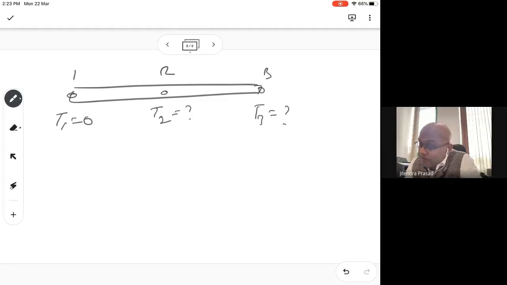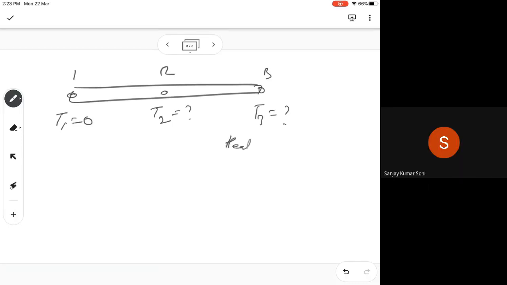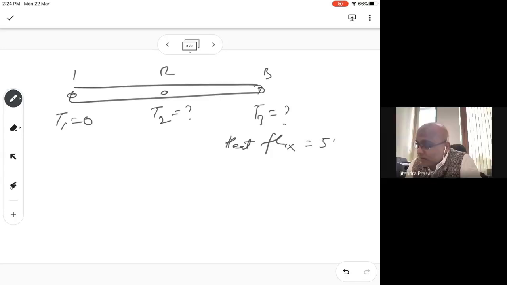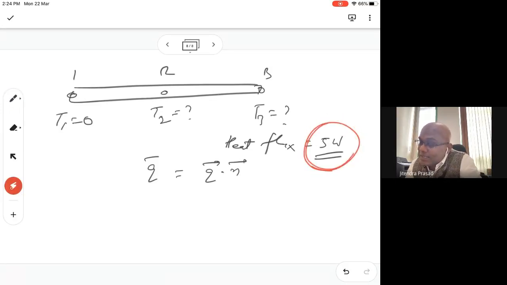So the heat flux direction is not given, only the magnitude, 5 watt per meter square. No, you need the direction. Either you will have something like this Q bar, and when Q bar means that actually you are talking about Q dot N. You need to know what the direction of the heat flux is.